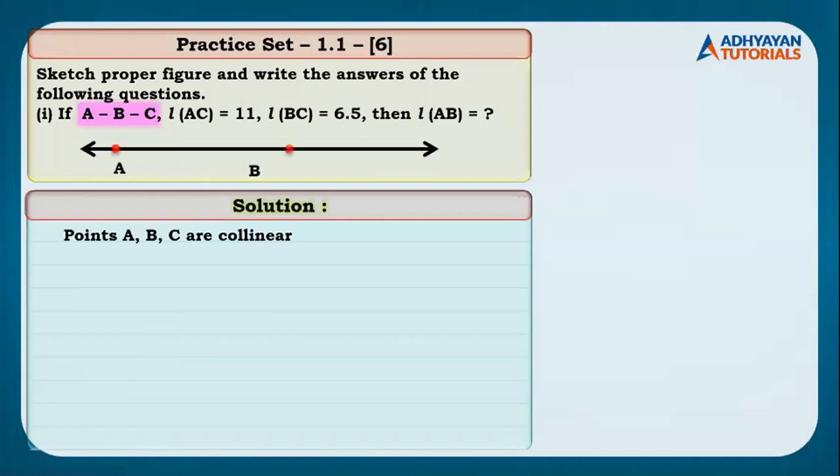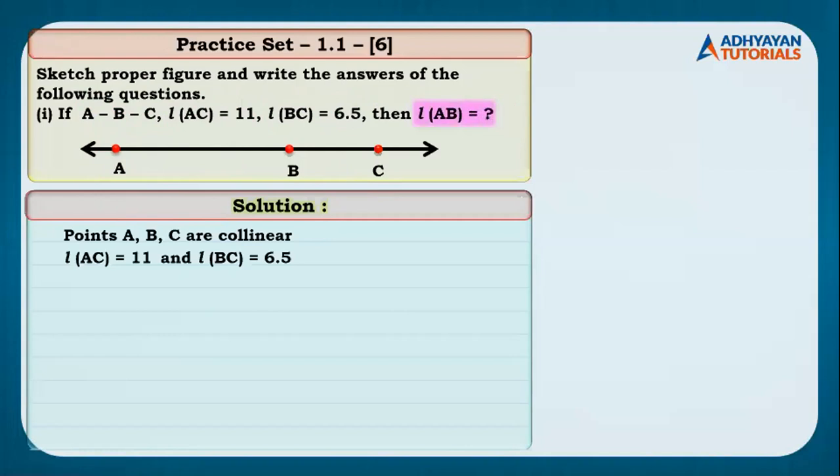We draw the figure, children, and here as you can see A and C will be endpoints and B can be anywhere in between A and C. I just jot down the values. AC value is 11, BC value is 6.5, and we need to find AB.